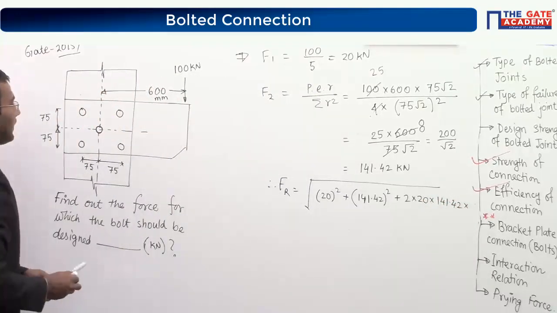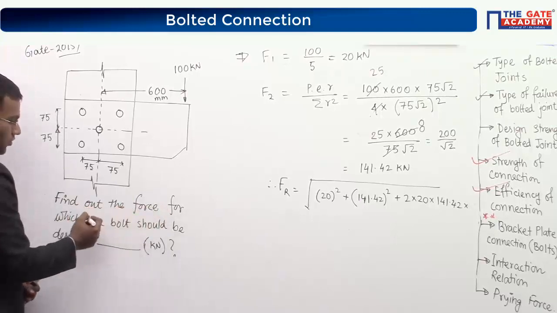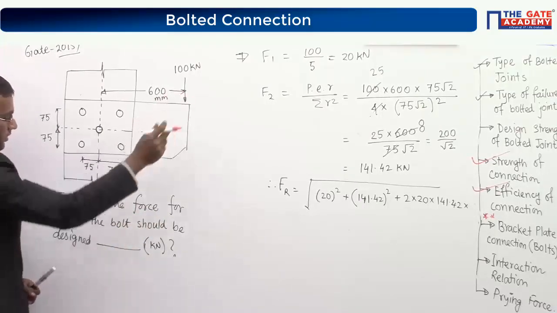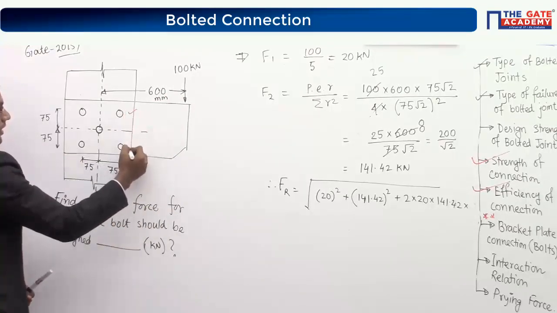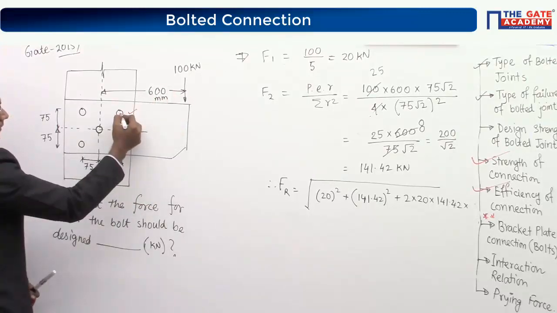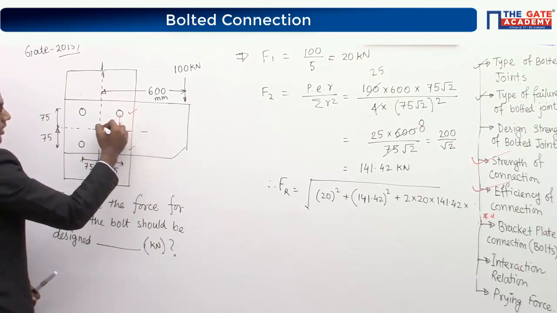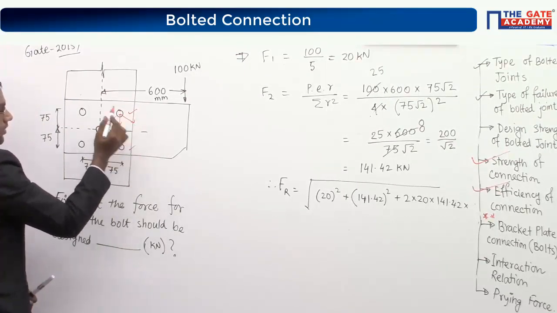Sir, what is the meaning of theta? So question is, find out the force which should be designed. So it should mean I have to consider the critical bolt, which is this one and this one. For this case it will be very simple. It will be nothing but F1 this way and F2 is this way. So this angle will be theta, which is your 45 degree.